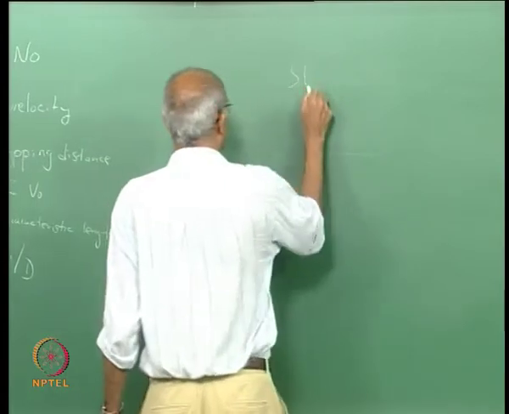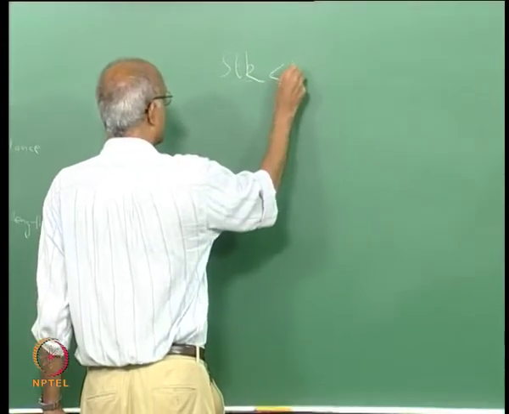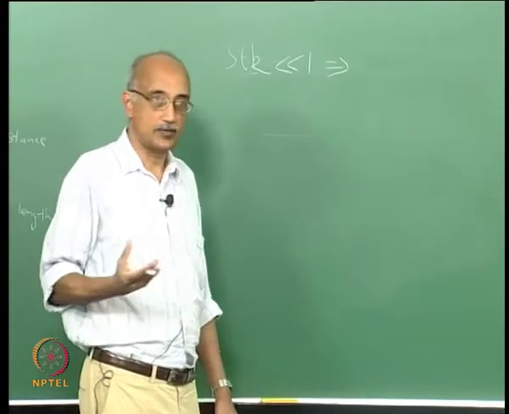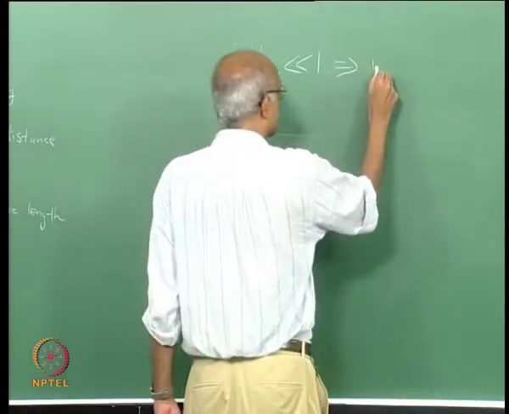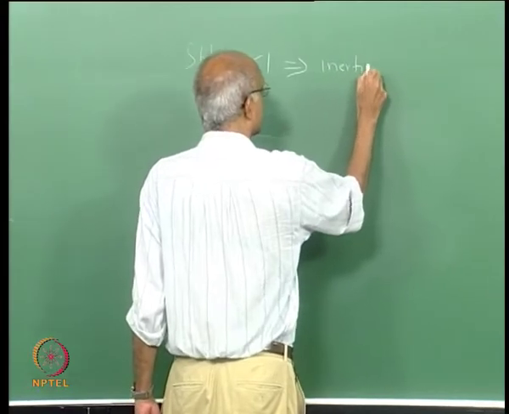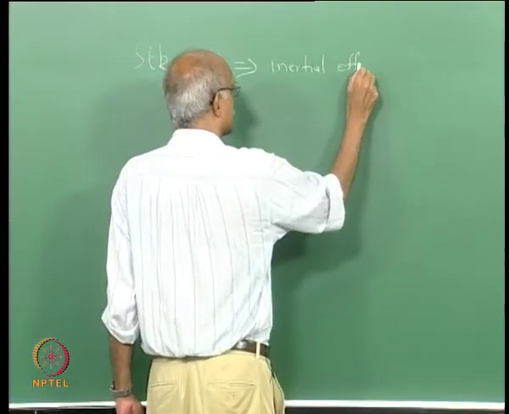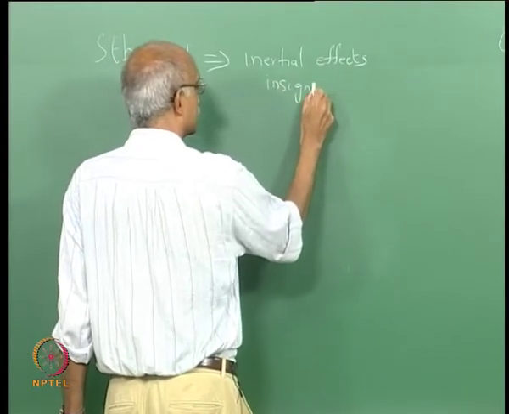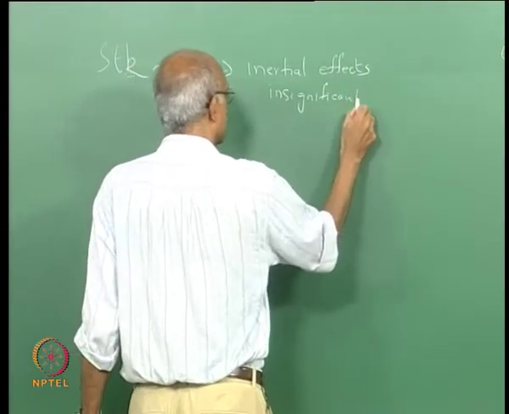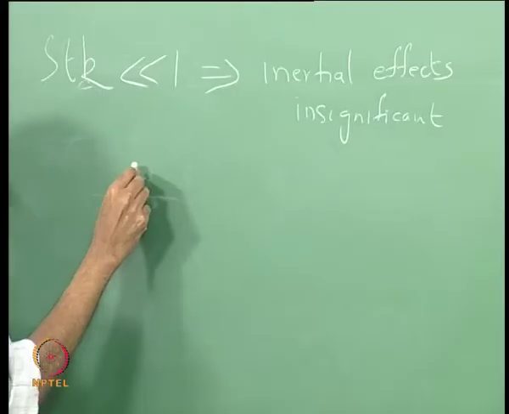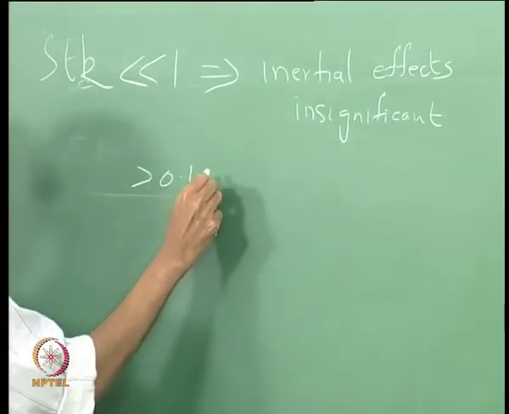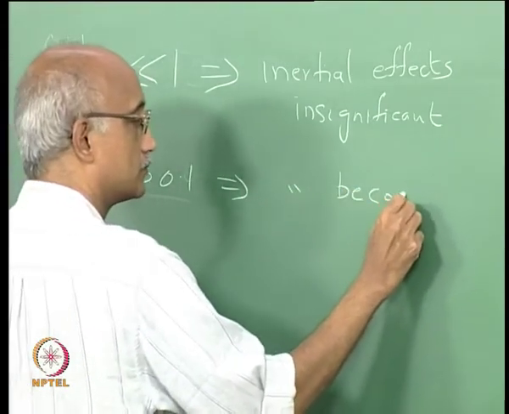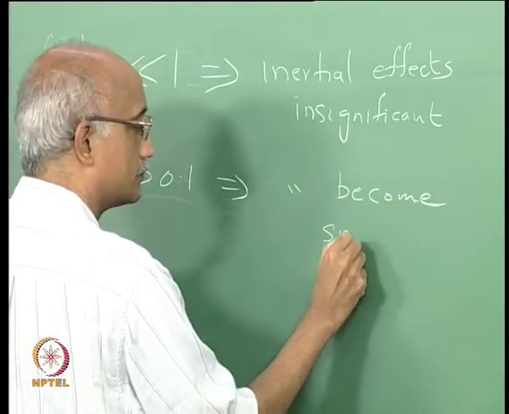When the Stokes number is much smaller than 1, it implies that inertial effects are virtually absent. When Stokes number exceeds 0.1, inertial effects become significant.